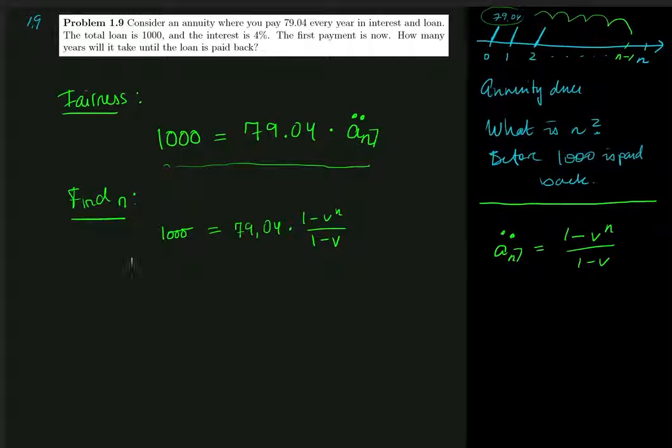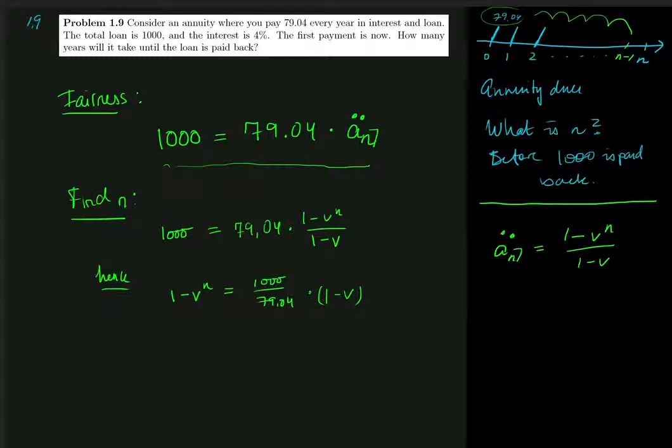So this holds true. Hence, we have that 1 minus v to the n is equal to 1,000 divided by 79.04 multiplied by 1 minus v.